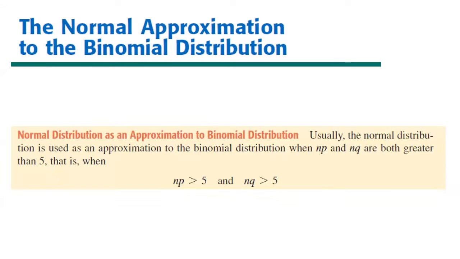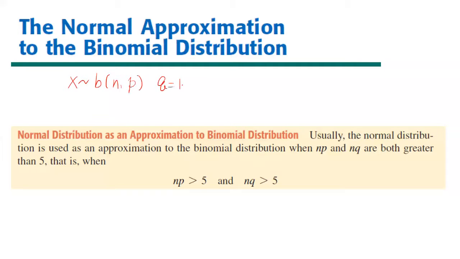Usually, the normal distribution is used as an approximation to the binomial distribution when np and nq are both greater than 5. That is, for a binomial distribution. Do you still remember what a binomial distribution is? For a binomial distribution, we have two parameters, n and p, right?